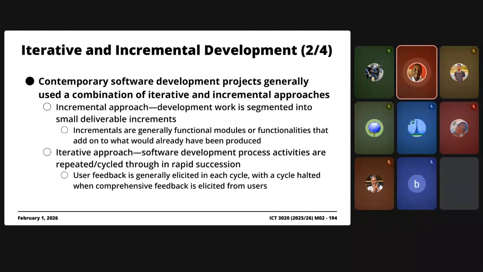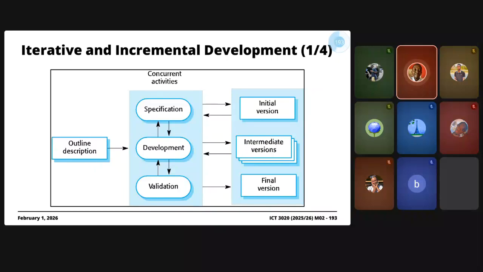So the vast majority of people typically build software leveraging these iterative and incremental software process models. And like I said, these models are ideally incremental because development work is segmented into small deliverable increments. In this particular case, with the things on the far right, initial versions.